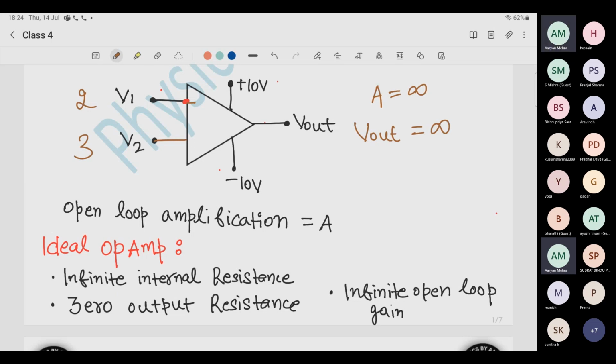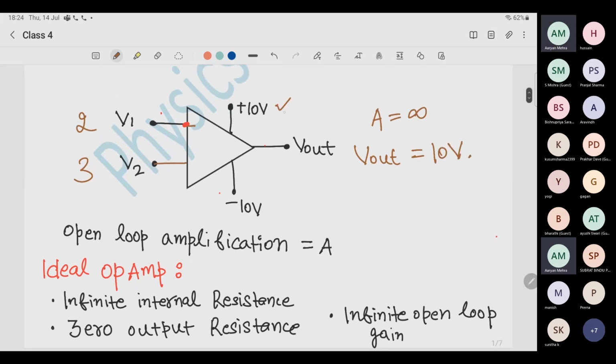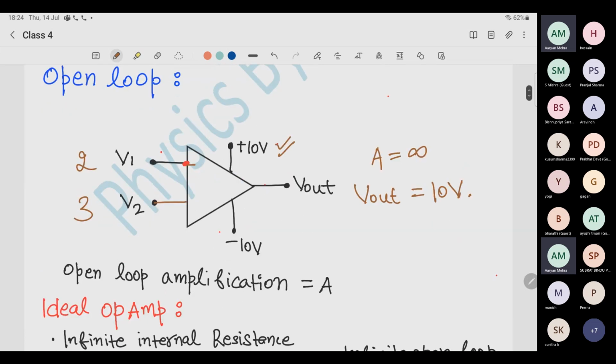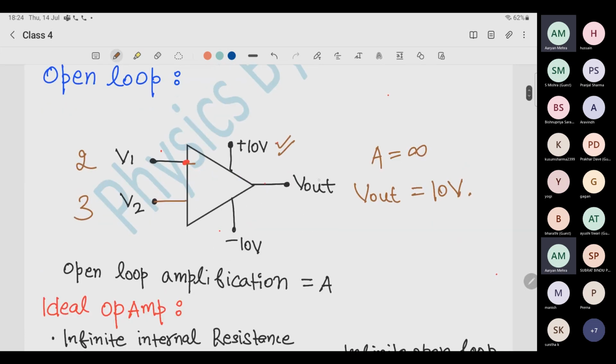Our voltage answer is 10 volt. Why is it 10 volt? Because we are only giving 10 volt to our op-amp. Our output definitely depends upon internal voltages and input voltages, but the maximum limit cannot cross 10, because this is the maximum energy we are giving to our element.